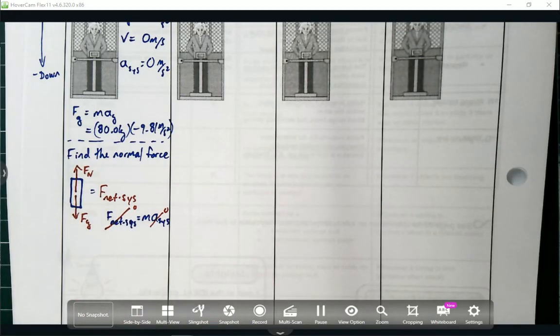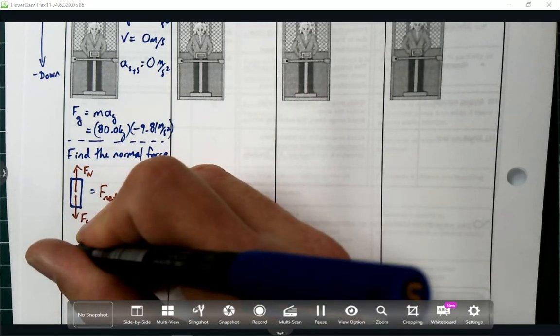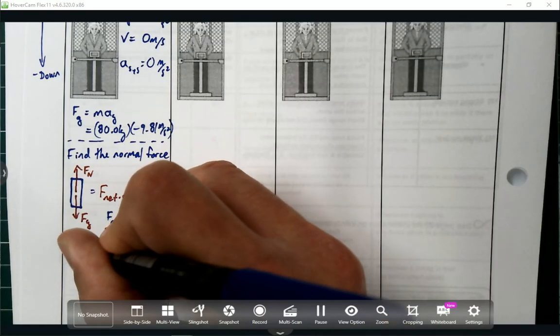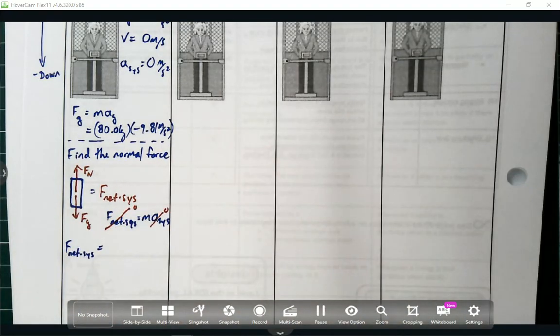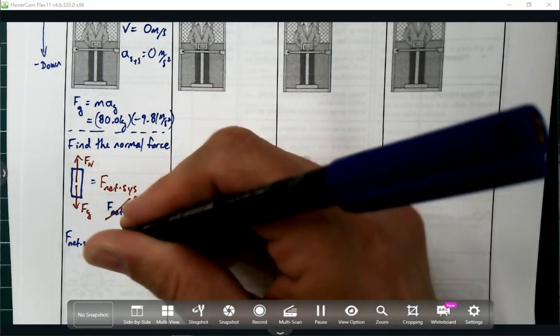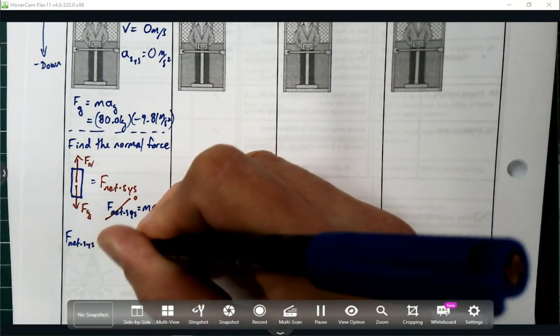And remember, every time you draw a free body diagram, it's a visual representation of an equation. Oftentimes just a simple linear equation, but it's a visual for how we construct our equation. So then we take our free body diagram and we say, okay, F net sys is equal to, and I don't have any x components to this, so this is a very simple one-dimensional linear equation, F normal plus Fg.